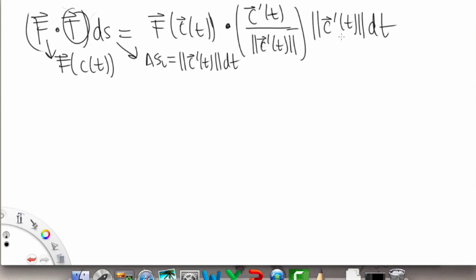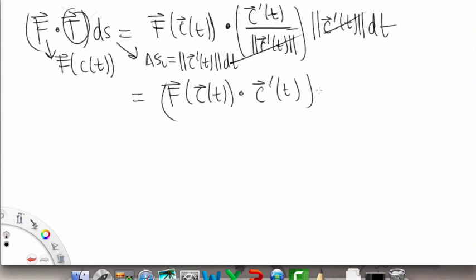As you can see here, the magnitude values cancel. So we're left with f of c of t dot c prime of t, and then everything times dt, of course. Okay, so when we plug this into our vector line integral, this is what it's going to look like.